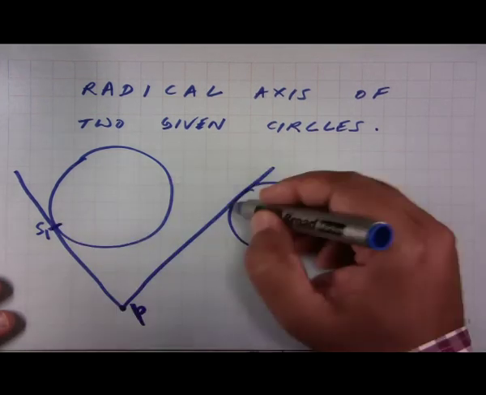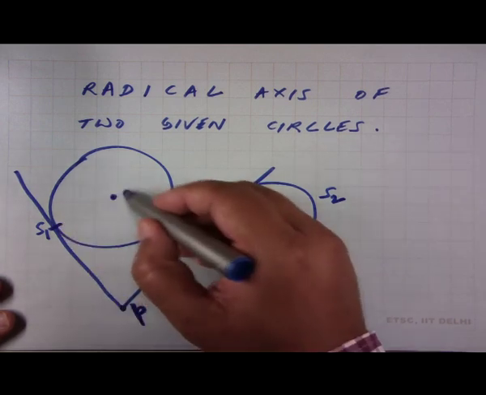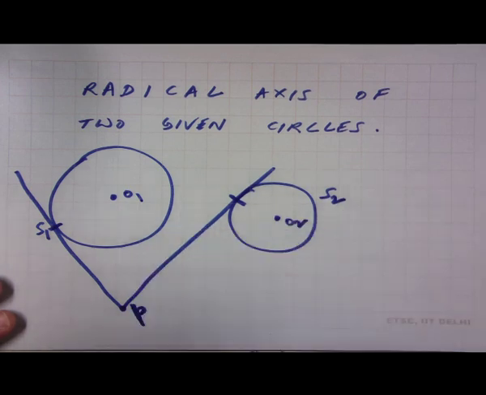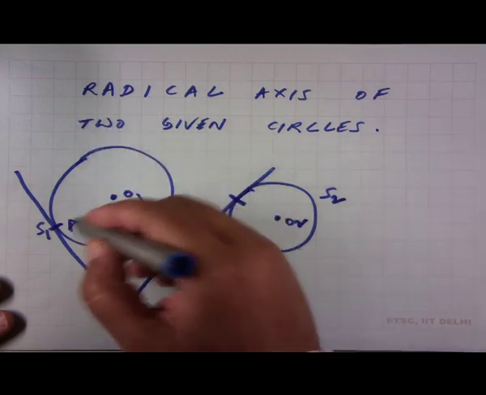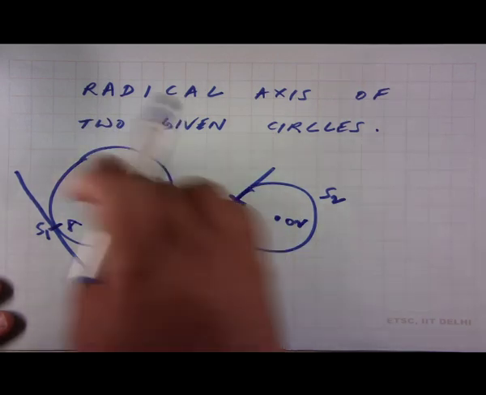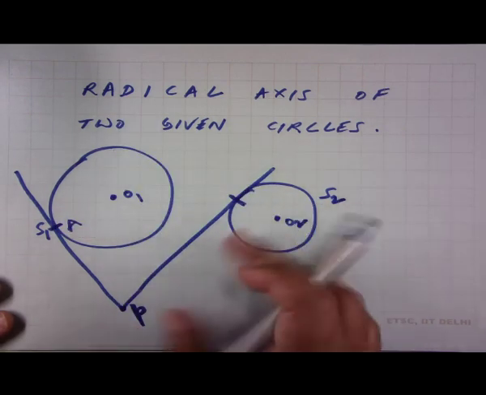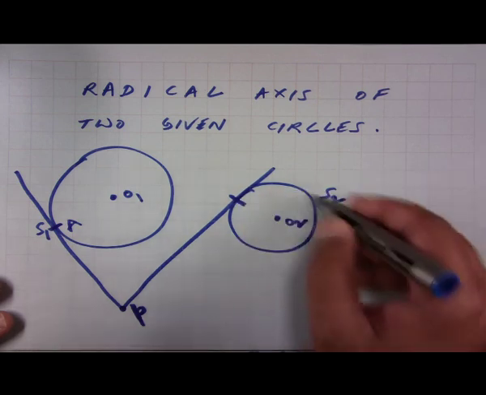Let us say that these are the two circles with centers O1 and O2, and P is a point such that the length of the tangent PA from this point P to this first circle S1 is equal to the length of the tangent from P to this second circle S2.